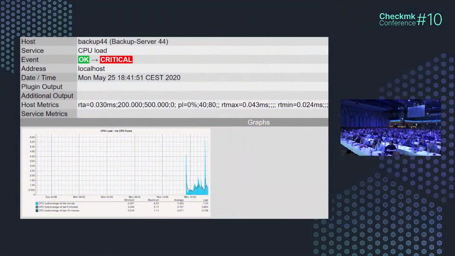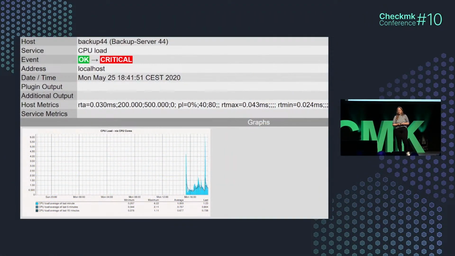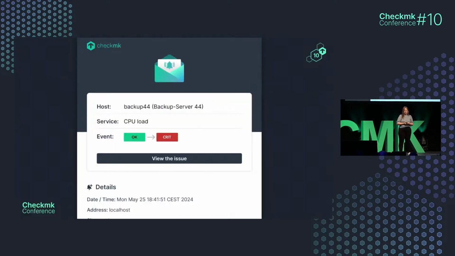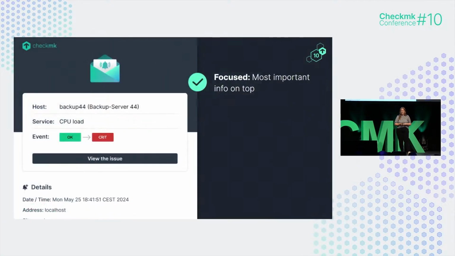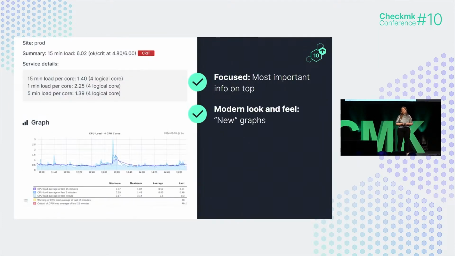So you know this email notification, right? It's a rather classical look, gives a little bit Windows 95, and we decided that email notification needs a little bit more love. So we decided to redesign it. We want to make it more focused and give you the most important information at a glance, right on top.